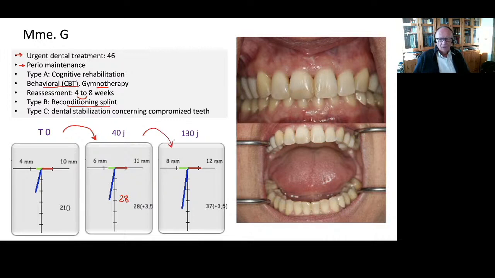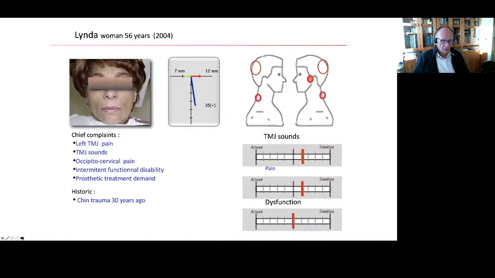The opening is 37. Do you think the disc is coming back on the condyle? The answer is no. We are looking for adaptation of the tissue.